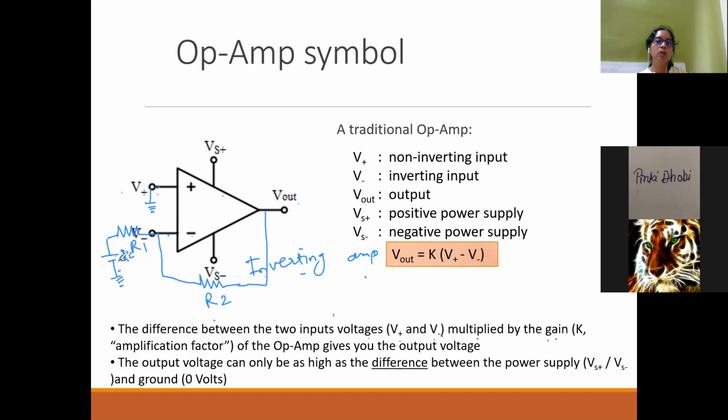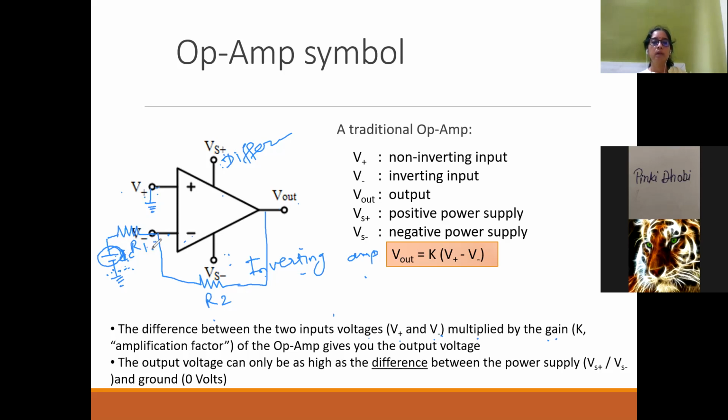Depending on to which terminal we are connecting our input DC supply, not the power supply that is required for working of this op-amp, this is different. The input supply is to provide input voltage to the op-amp circuit, that is to be connected to either of these two input terminals, non-inverting or inverting.